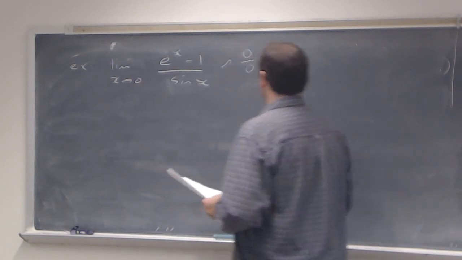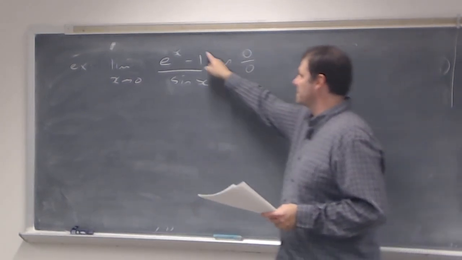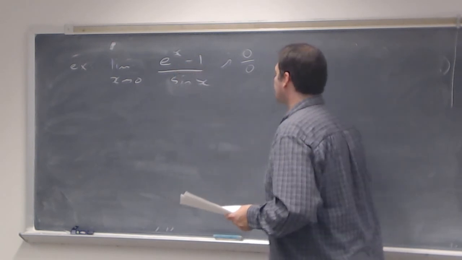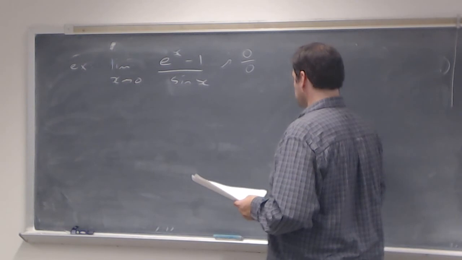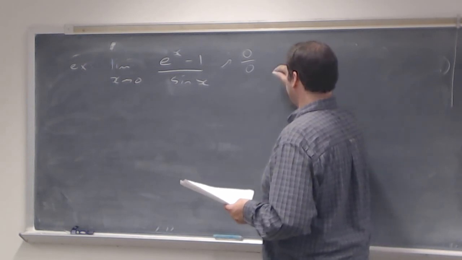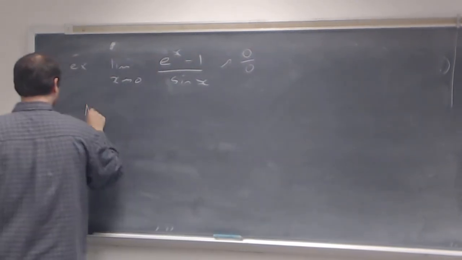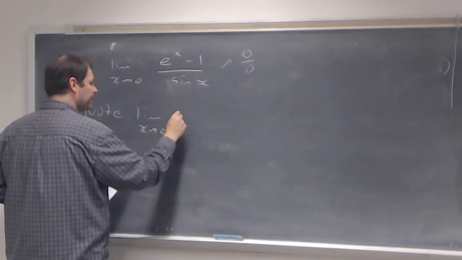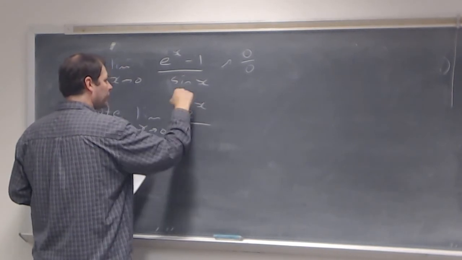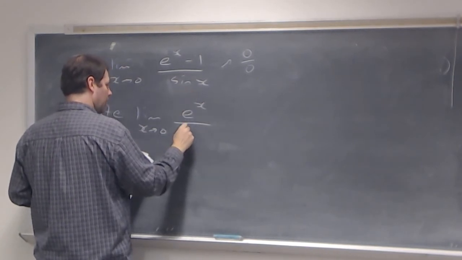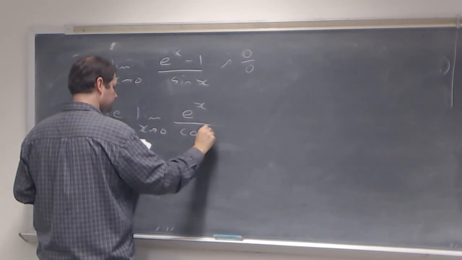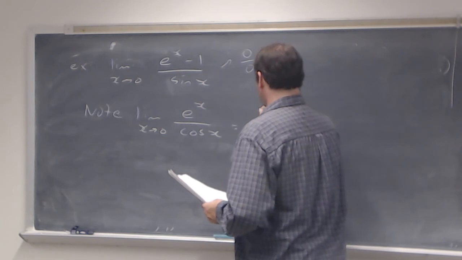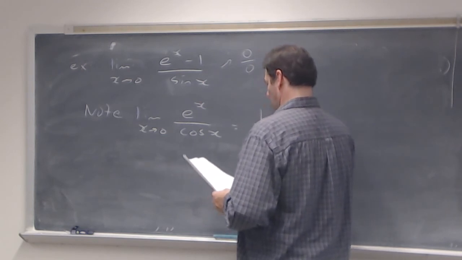Okay. So here, we could consider this f of x, e to the x minus 1, and g of x is sine x. And so what we notice is that the limit as x goes to 0 of the derivative of this, which is e to the x, over the derivative of this, which is just cosine x, that's equal to, this goes to 1 over 1, so that's just 1.